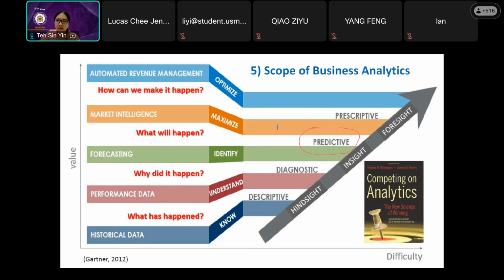Predictive analytics, for example, using machine learning, you build the machine learning model, that is considered predictive analytics. If you only build the dashboard, which only displays the average value of your sales, like the bar chart or histogram for your sales and revenue, that could be just stopped at the descriptive level.